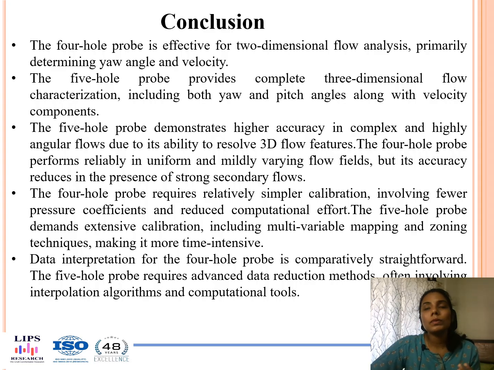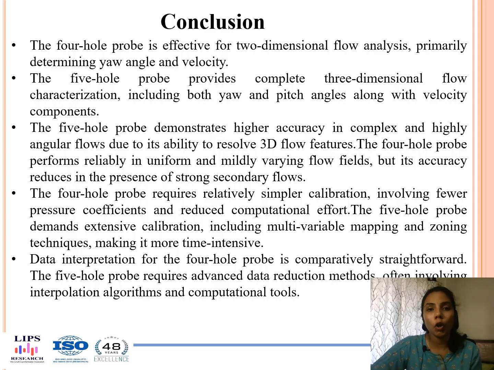So once we compare both the instruments that we were discussing here, the four-hole probe is mainly used for two-dimensional flow analysis. It will help us to determine the yaw angle and velocity, but it cannot fully capture the vertical flow variations. When compared to that, the five-hole provides a complete three-dimensional flow characterization.